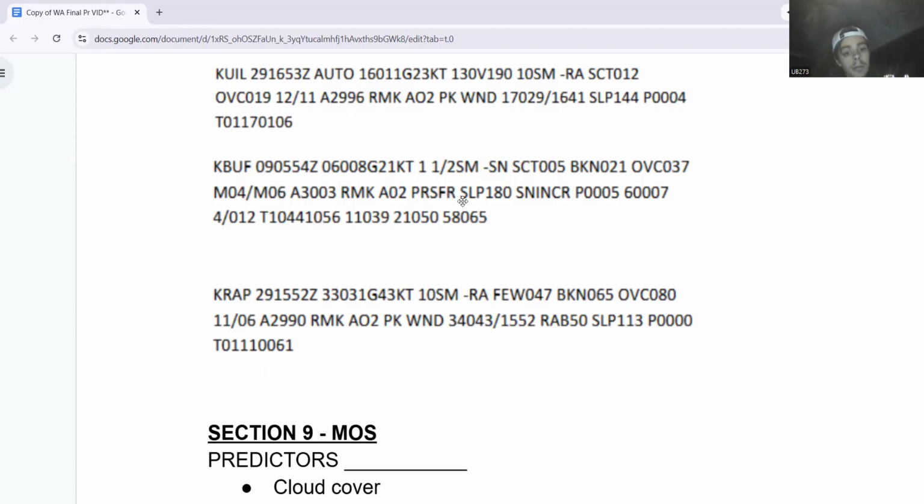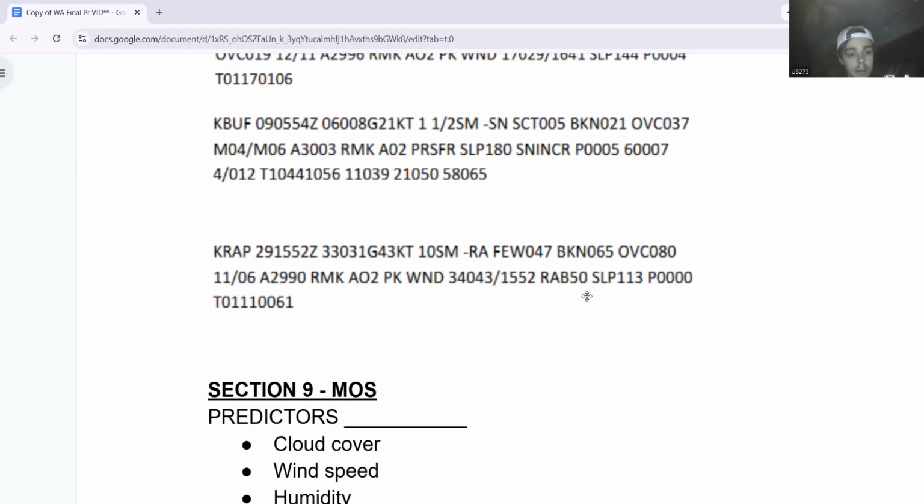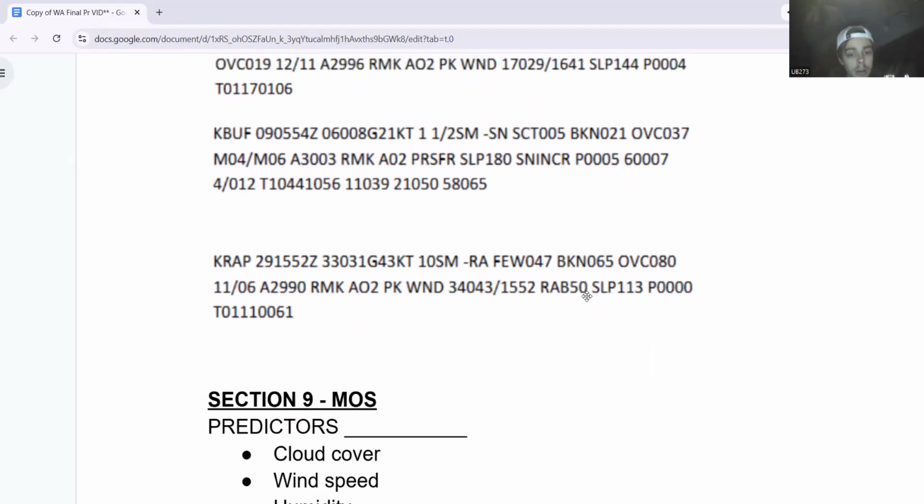There are some other things that we didn't talk about before, so don't worry about those. That's pretty much the main things you need to know for METAR.